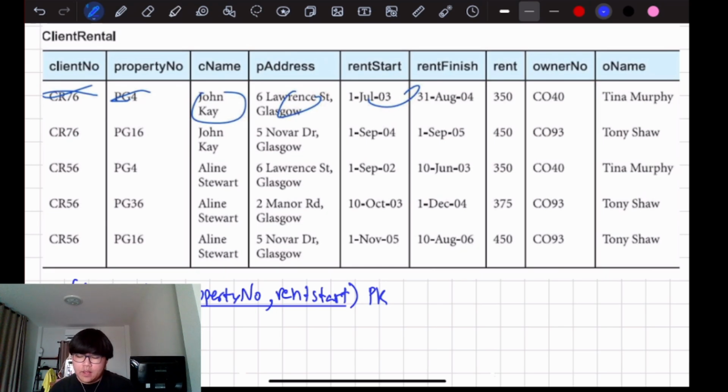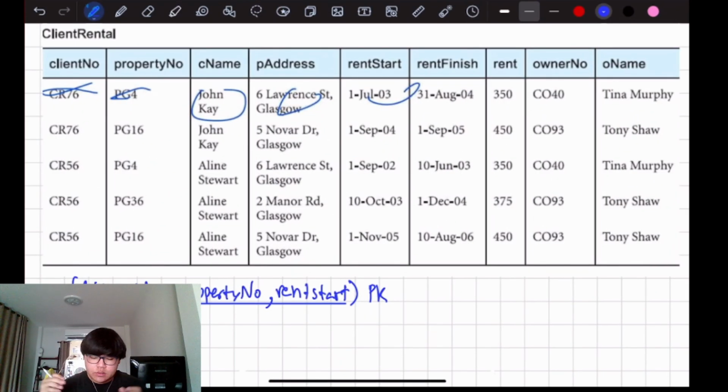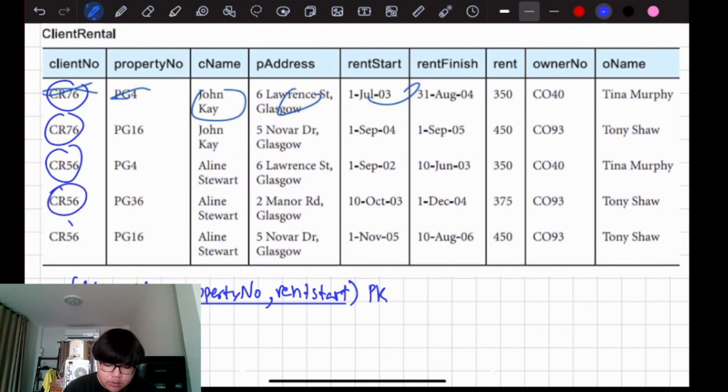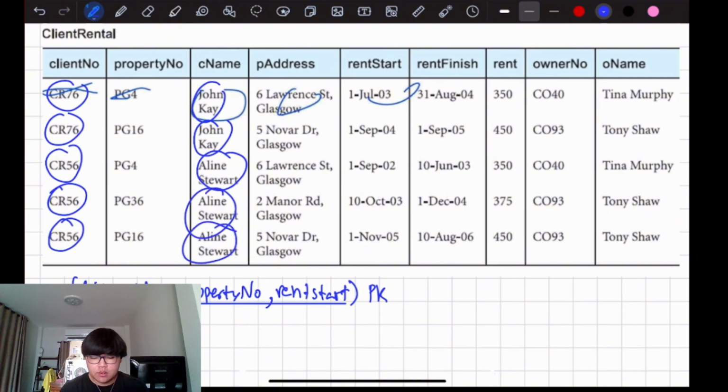Next, find a partial dependent. Let's have a look at Soleno. In Soleno we have CR26, CR26, CR56, CR56, and CR56, and it can tell C name: John K, John K, Alice Stewart, Alice Stewart, Alice Stewart. Soleno can tell C name with just one value.